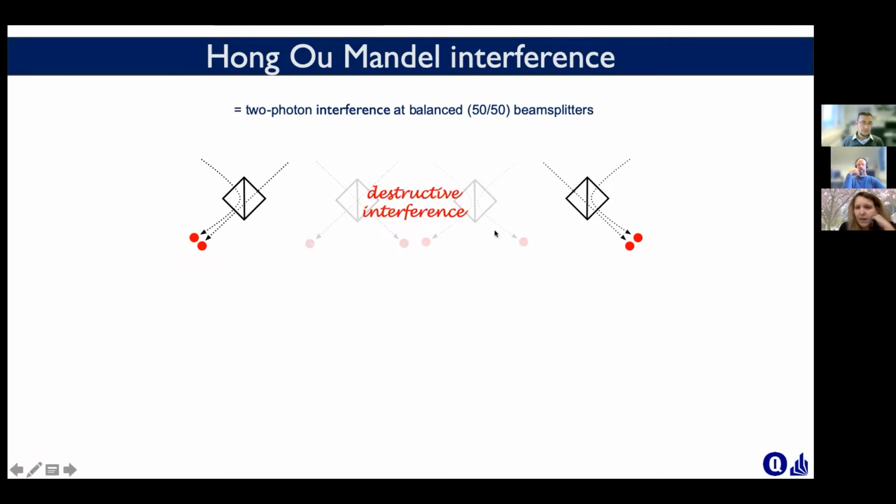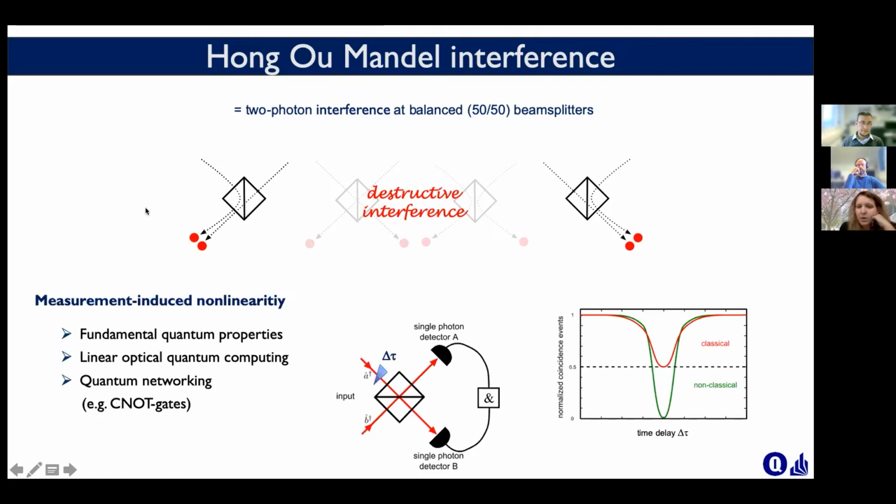Now what you find if you do the maths, and what you may have heard in the quantum optics lecture, is that the case where the 2 photons enter at different ports interferes destructively in the quantum interference, and thus we know that in Hong-Ou-Mandel interference, if 2 photons impinge on a 50-50 beam splitter, both of them always will end up at one output port only. This is a pure fundamental quantum property of light of 2 single photons impinging on a beam splitter.